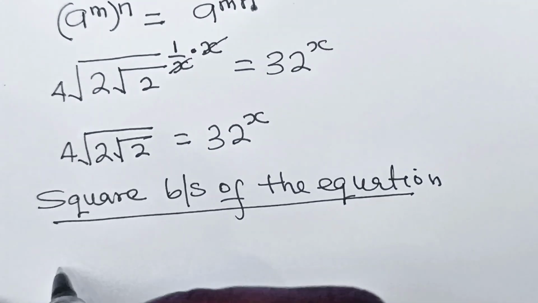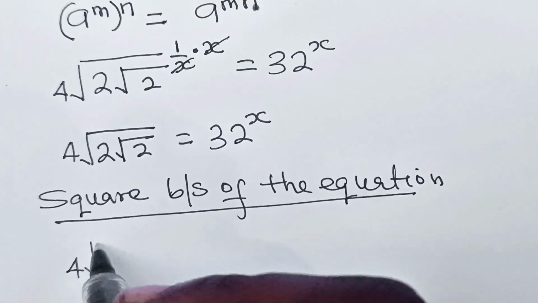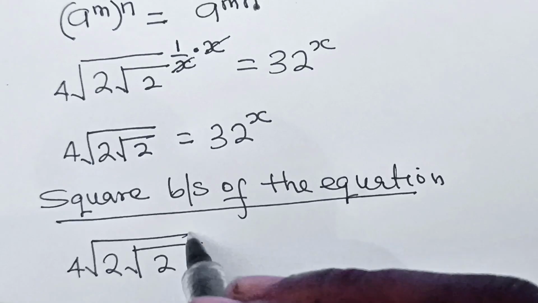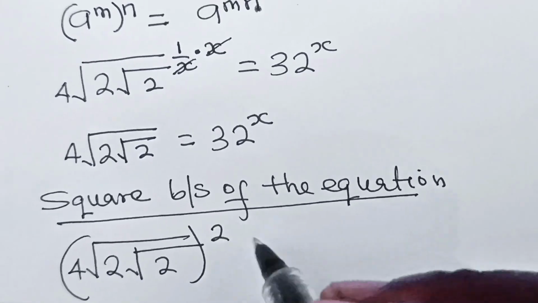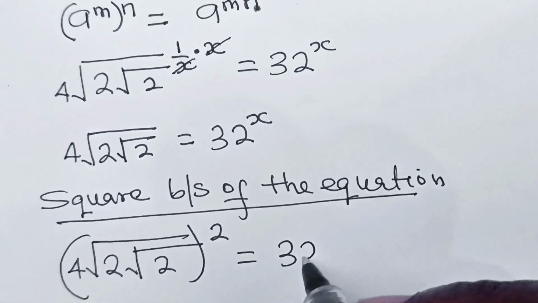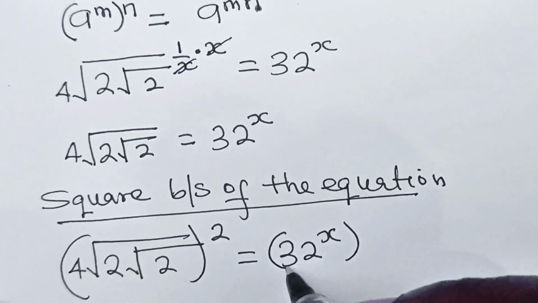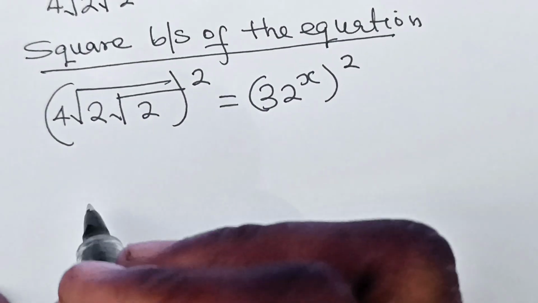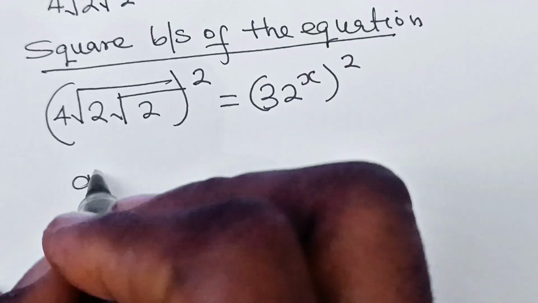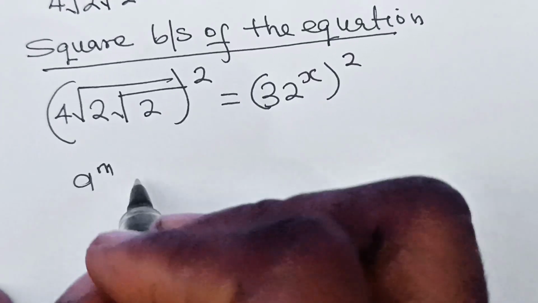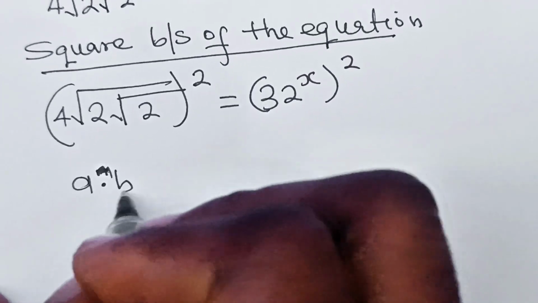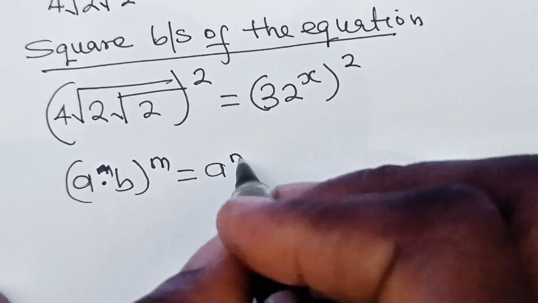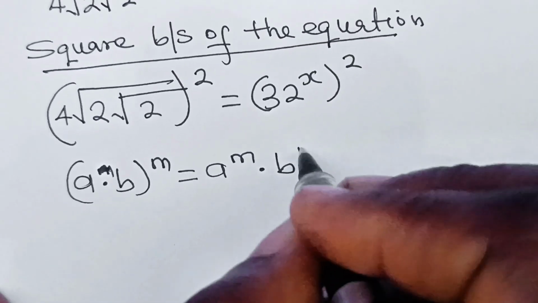So if we do that, we have 4 root 2 raised to the power of 2 is equal to 32 to the power of x raised to the power of 2. Now remember that a multiplied by b raised to the power of m is equal to a to the power of m multiplied by b to the power of m.